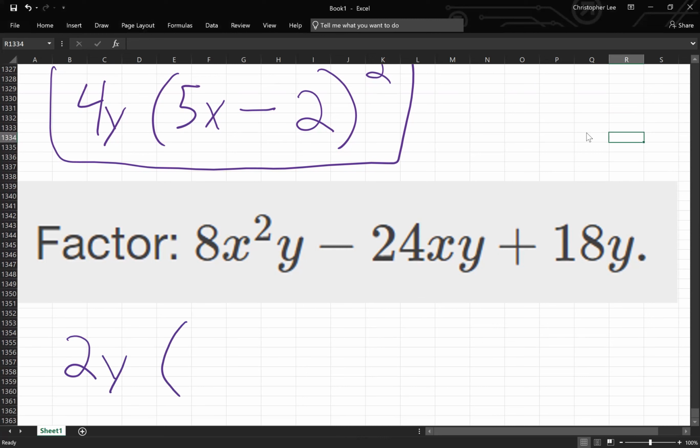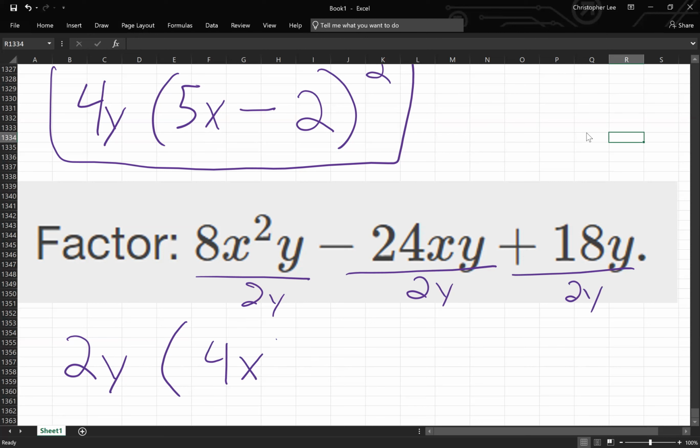What's left over? Not 12. So I heard 4x squared. No, 12x.